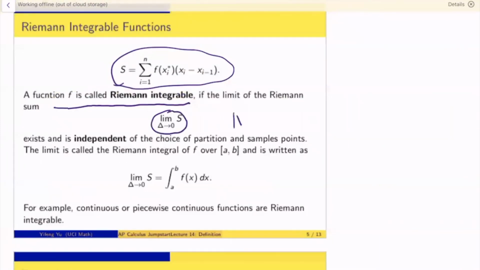Here, the limit exists just means the step size will go to 0. Of course, then the number of intervals will go to infinity.